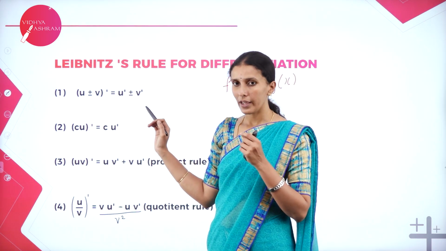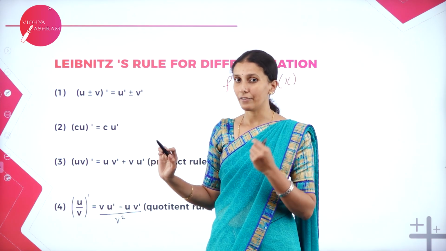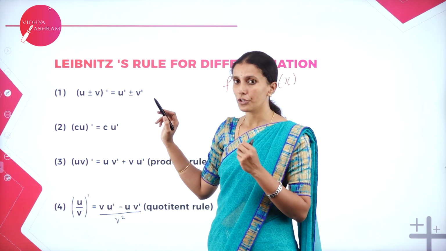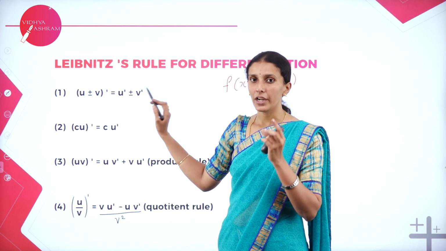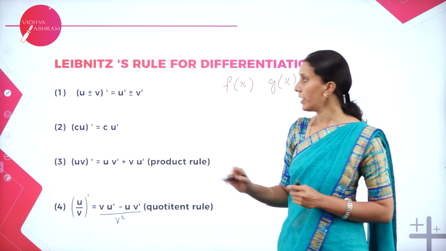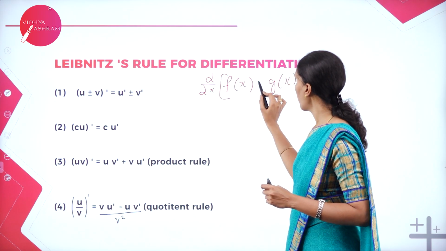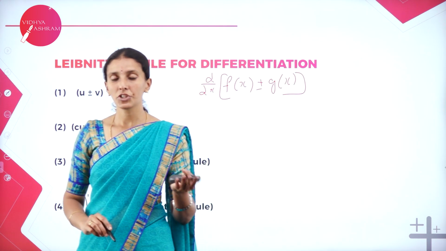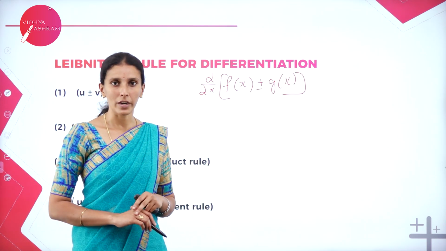The first rule is for the sum and difference of two functions. When you are differentiating any two functions in the sum or difference form, then differentiate them separately. That is, whenever you are deriving d by dx of f of x plus or minus g of x, you differentiate separately, that is f of x one time and g of x one time.